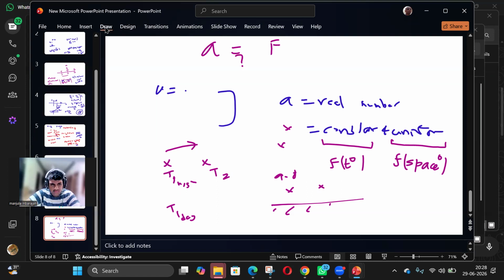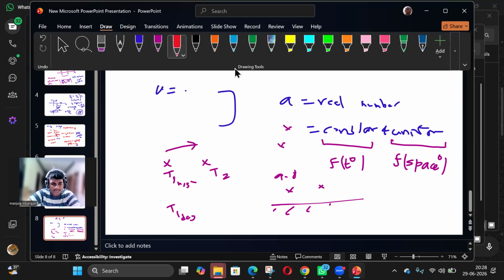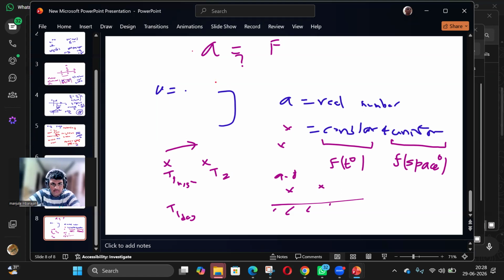What is Newton's second law? F equal to ma, law of motion, right? F equal to m into a. So force is actually mass into acceleration, but in some sense force and acceleration are the same because mass is just a number. So the direction of acceleration is the same as the direction of force, because these are parallel vectors, just the size is different.